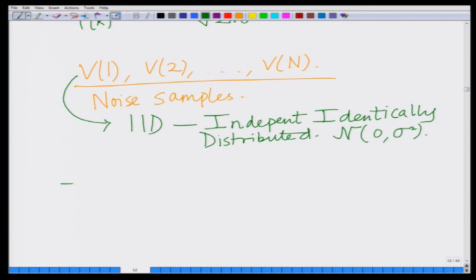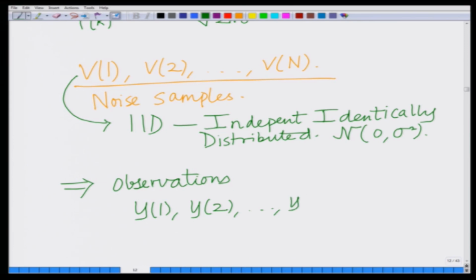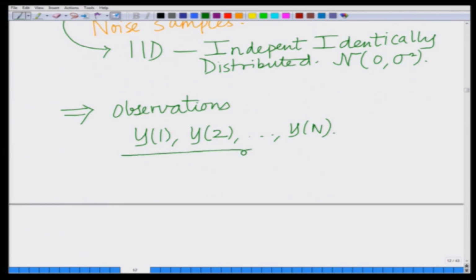Now, naturally this implies that the observations or the outputs y 1, y 2, so on up to y n, are also independent.